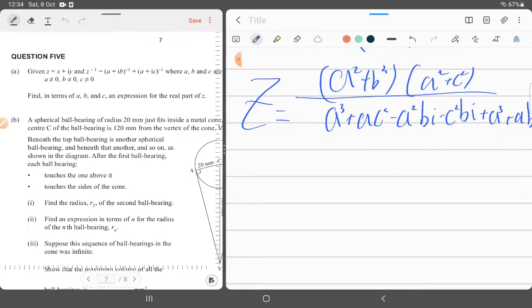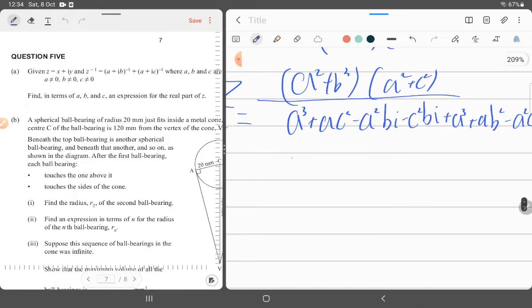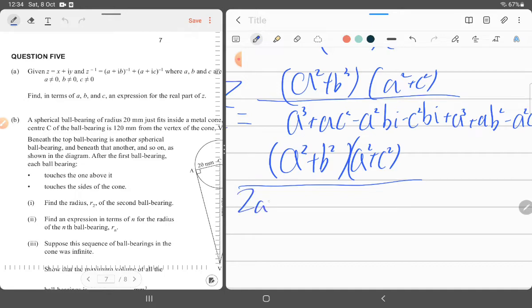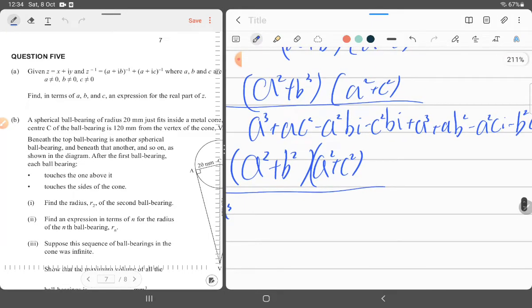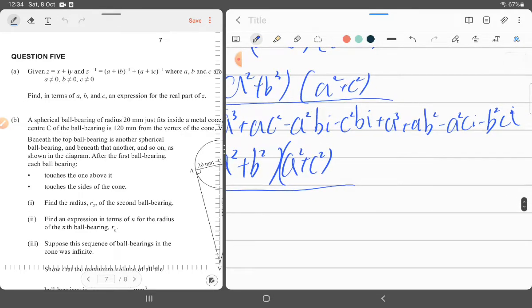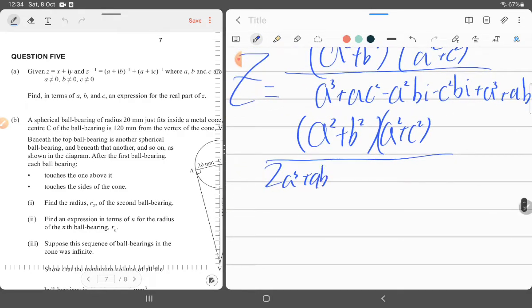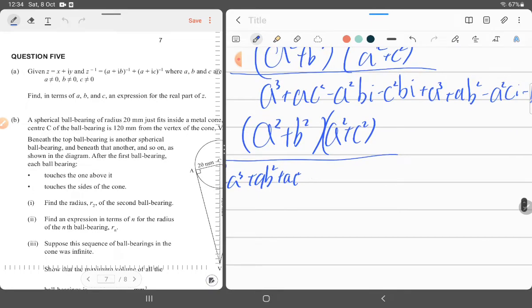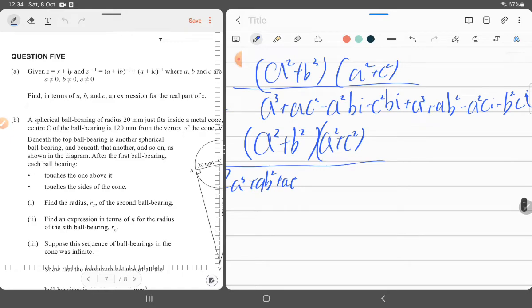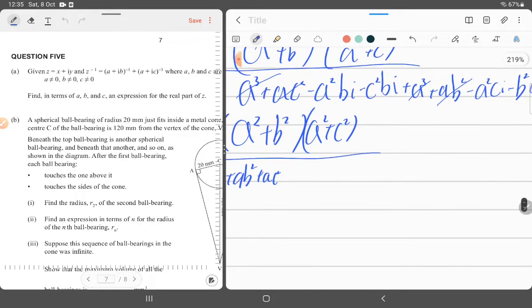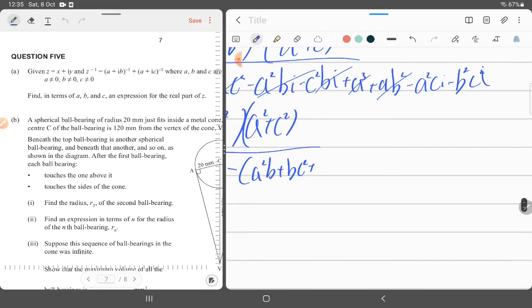So a squared plus b squared, a squared plus c squared over 2a cubed plus ab squared plus ac squared, then we just take the little minuses, so take away a squared b plus bc squared plus a squared c plus b squared c, or i.